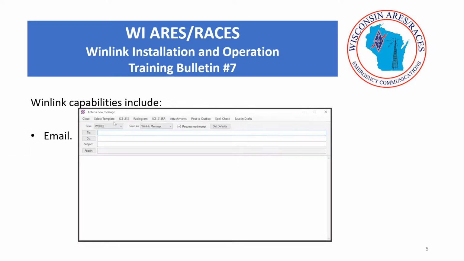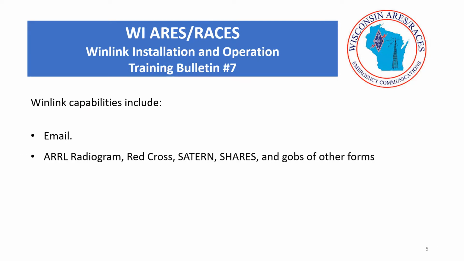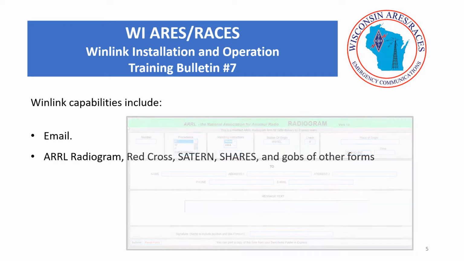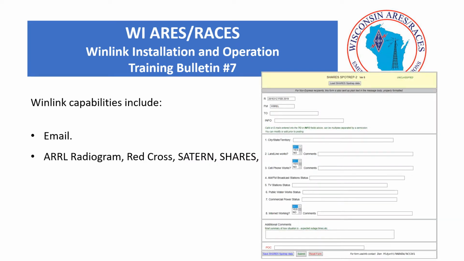Sending a WinLink email is as simple as filling out the standard email form. Or you can send an ARRL radiogram for the National Traffic System. Other available forms include the Red Cross, Salvation Army Saturn, even SHARES forms.